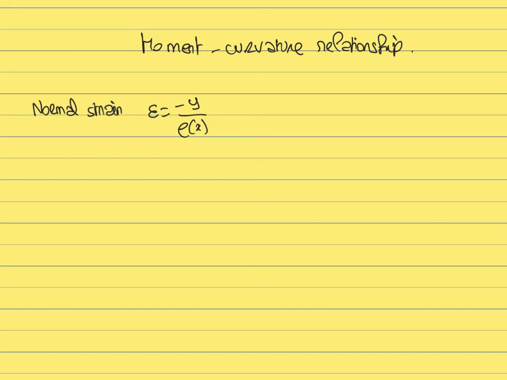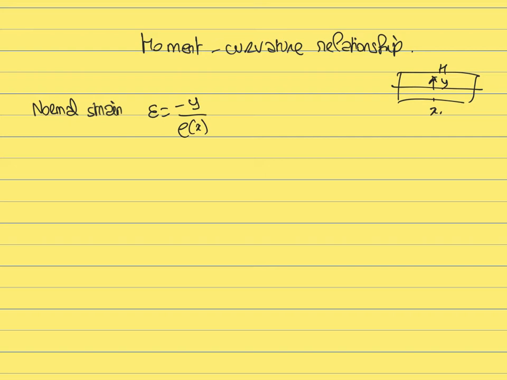In this case, y dictates, for a given beam like this, where you have the neutral surface and a given point M, the distance from the neutral surface. So this relationship, minus y over rho, gives you the normal strain at a given point M within this beam, which depends both on x, the position at which you are located, but also on y, that is to say the height of the point within the beam.